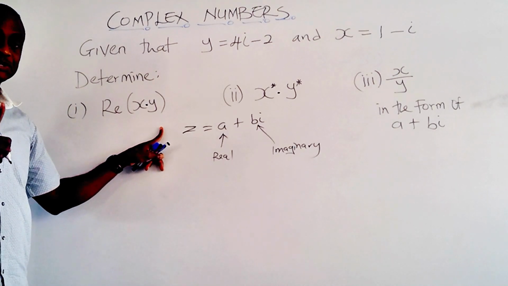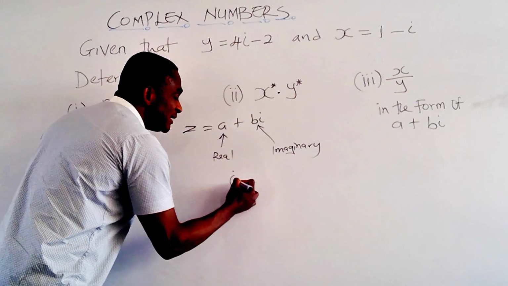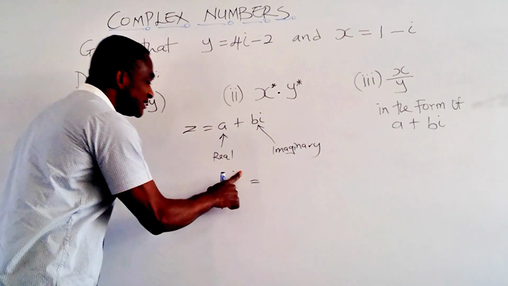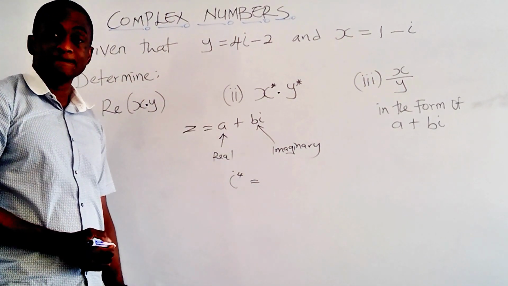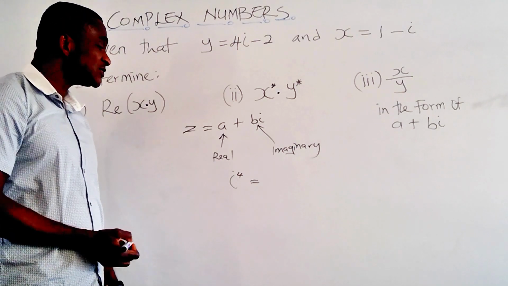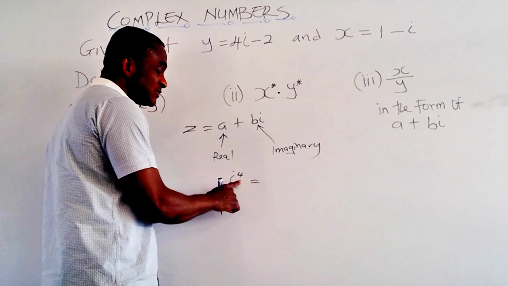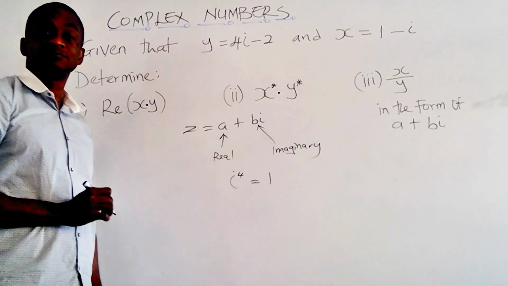Two things we must note before we start, the basics. When i is raised to the power 4, or factors of 4, i raised to a power that is a factor of 4 is going to give us 1 always.